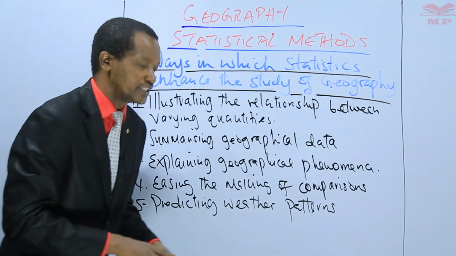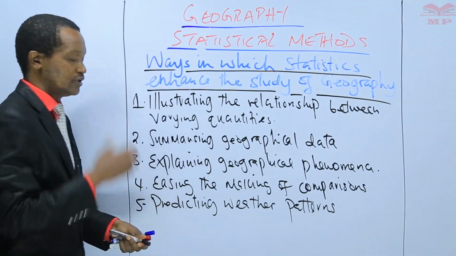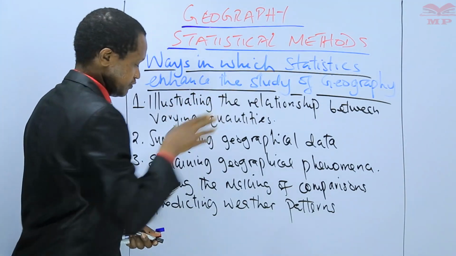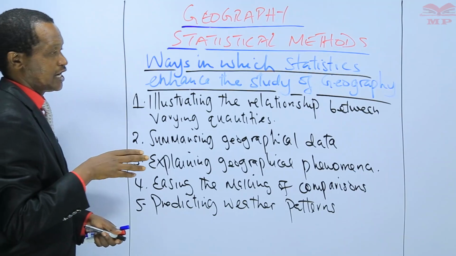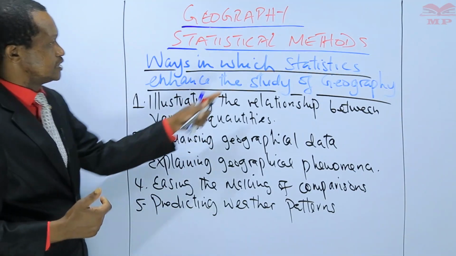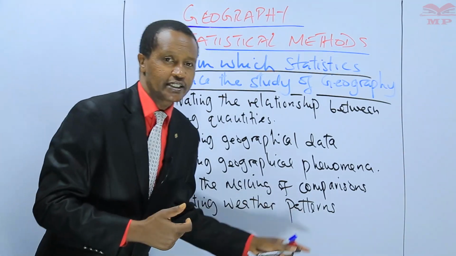We can easily predict El Nino because of the ability to use statistical data. So statistical data helps us to predict weather patterns.